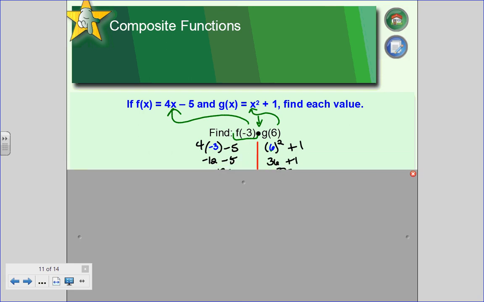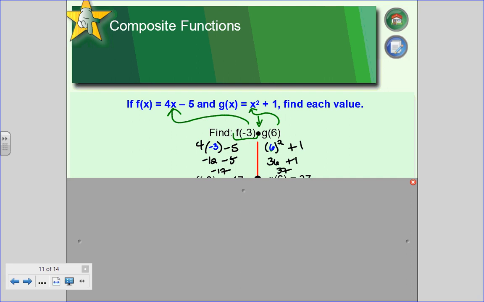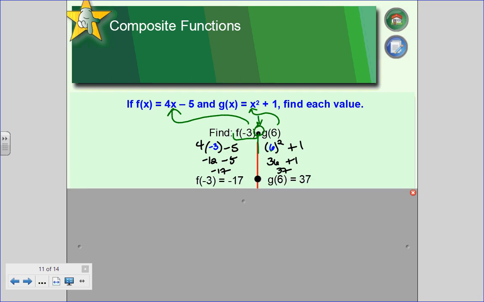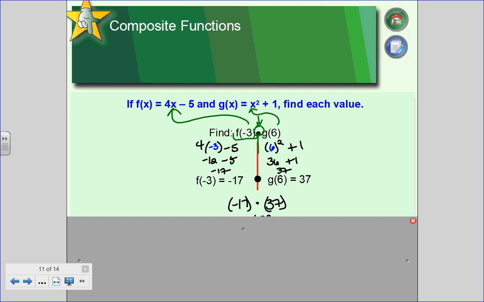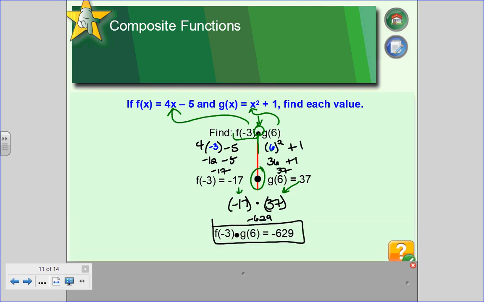Simplifying these, we would get negative 17 for f of negative 3 and 37 for g of 6. The operation in between the two is to multiply. So once I get my negative 17 for f of negative 3 and my 37 for g of 6, I need to multiply them together, giving us negative 629.